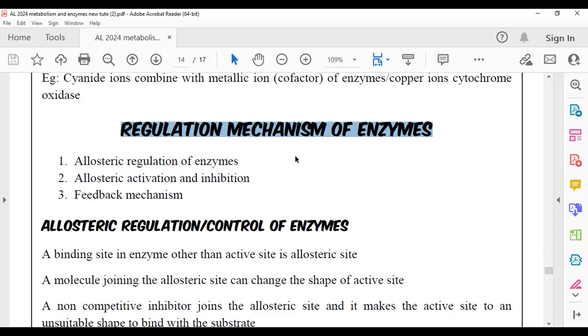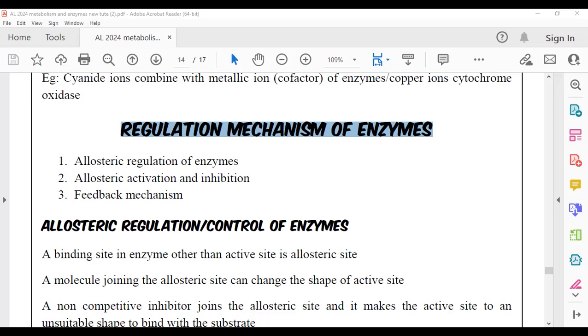First of all, I need to introduce you to the allosteric enzyme. What is an allosteric enzyme? If we have a clear idea regarding the allosteric enzyme only, we can further proceed in this particular portion.